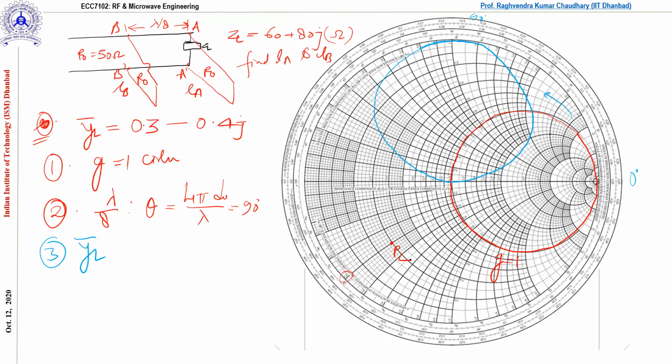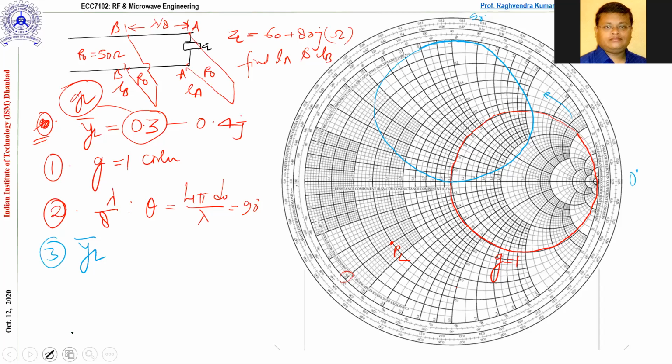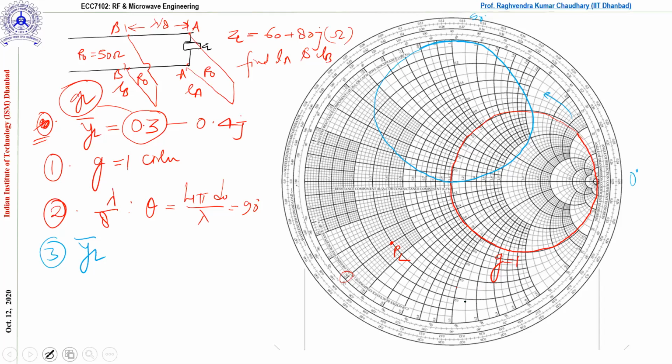So right now we are at the load location, correct? Better to mark the GL circle, okay? What is GL? GL is actually this value. So GL is 0.3. So we need to mark the 0.3 circle. If you try to find it, this is 0.2, 0.3.